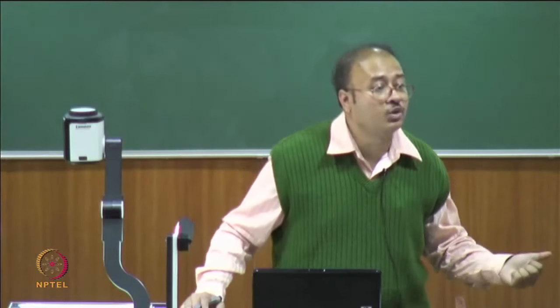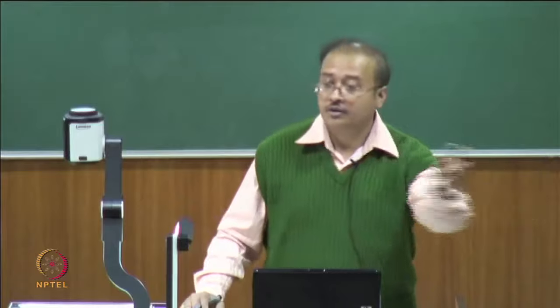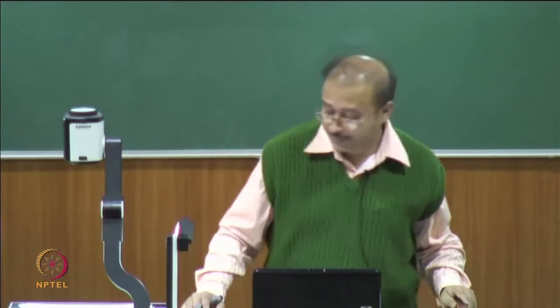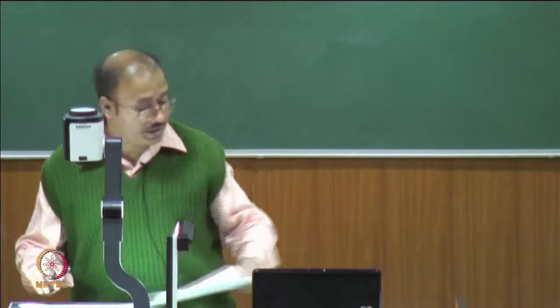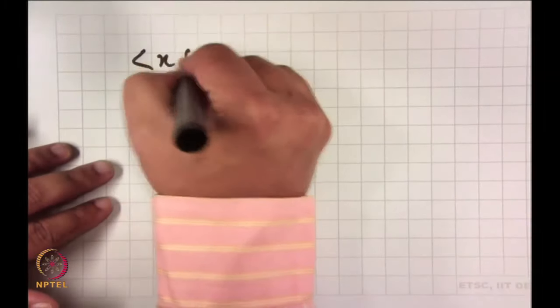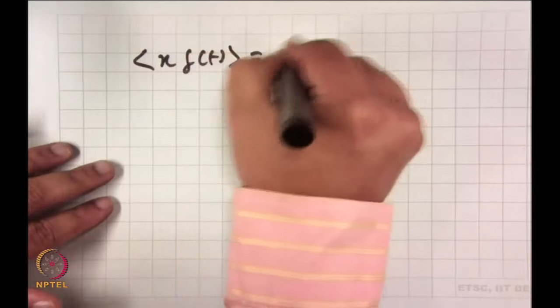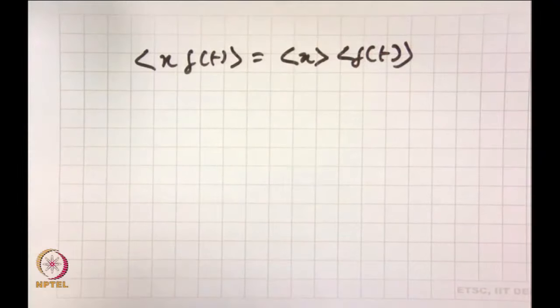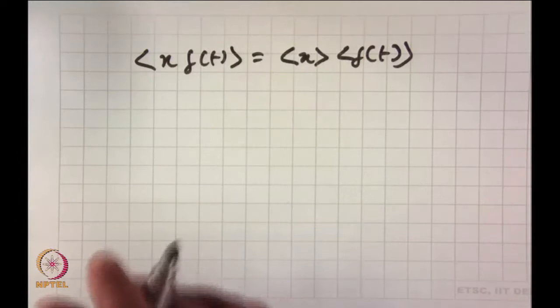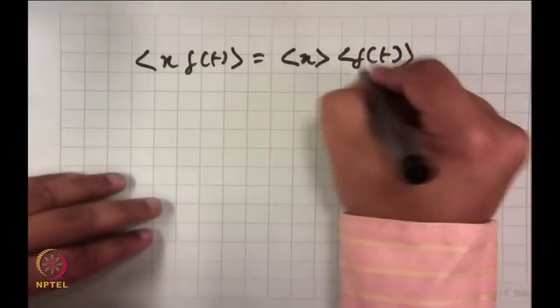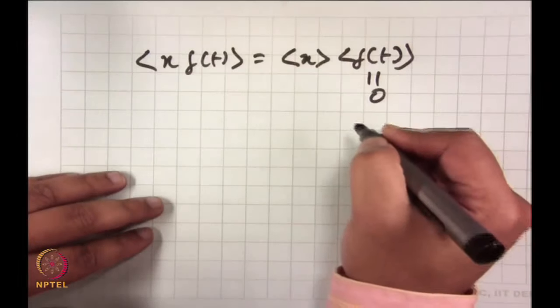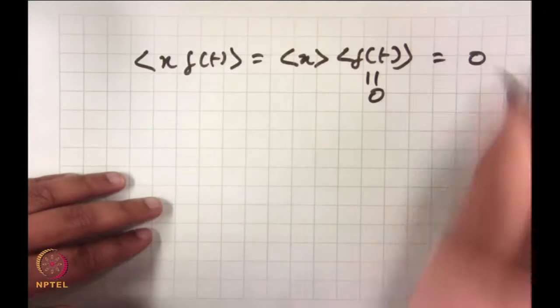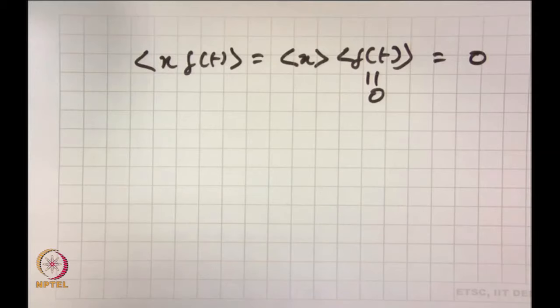So, here we also take that your initial position is not correlated with f of t. Based on a discussion from before, I can write the average of x f of t as the average of x times the average of f of t, because these two are uncorrelated. Now, what is the average of f of t? That is 0. So, the whole thing goes to 0, because the average of your fluctuating force, or the random force, is 0.